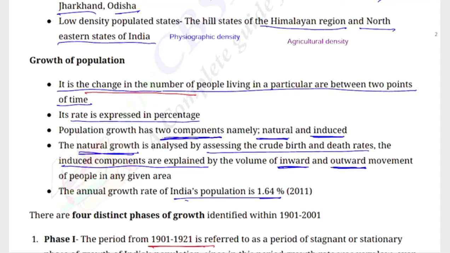So it is the change in the number of people living in a particular area between two points of time.